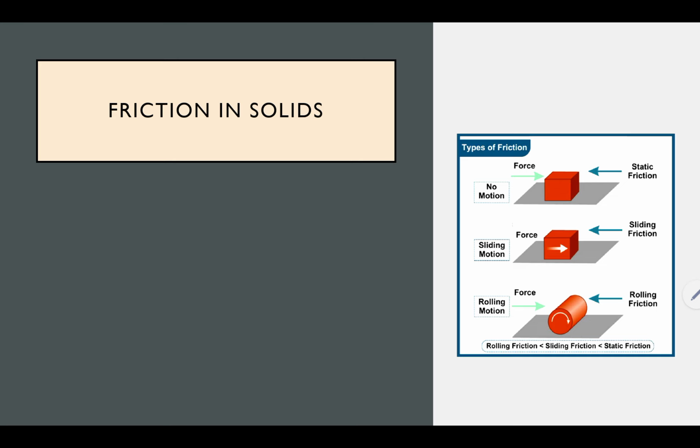Then we have the rolling friction when I have something like a cylinder, and in that case it does a rolling motion, which is known as rolling friction. Now, of course, which one will give me the most friction of them all? Static friction will be the most friction, and then followed by sliding friction, followed by rolling friction since it has the least surface area on the ground.